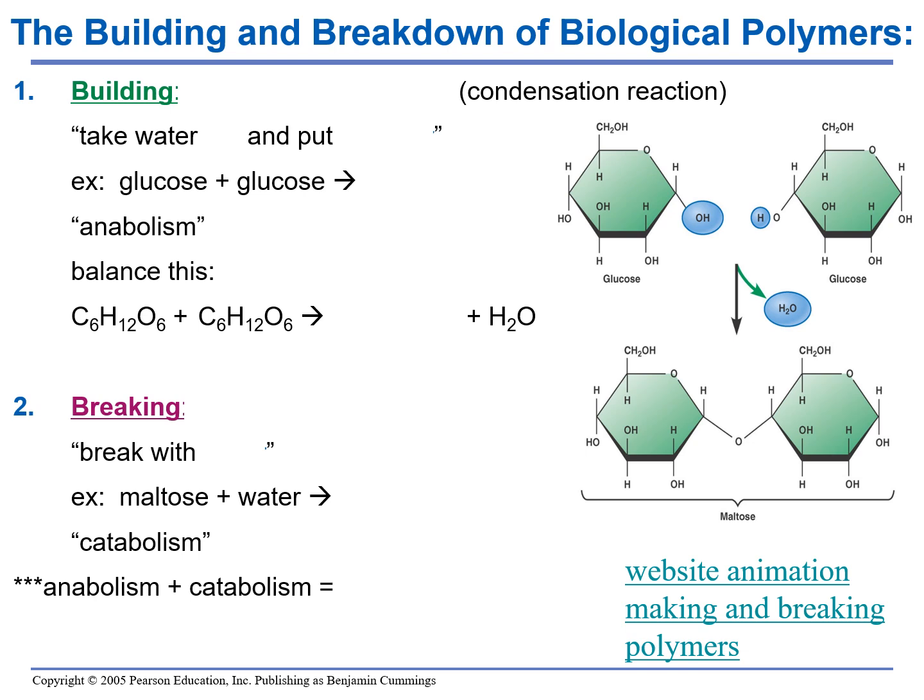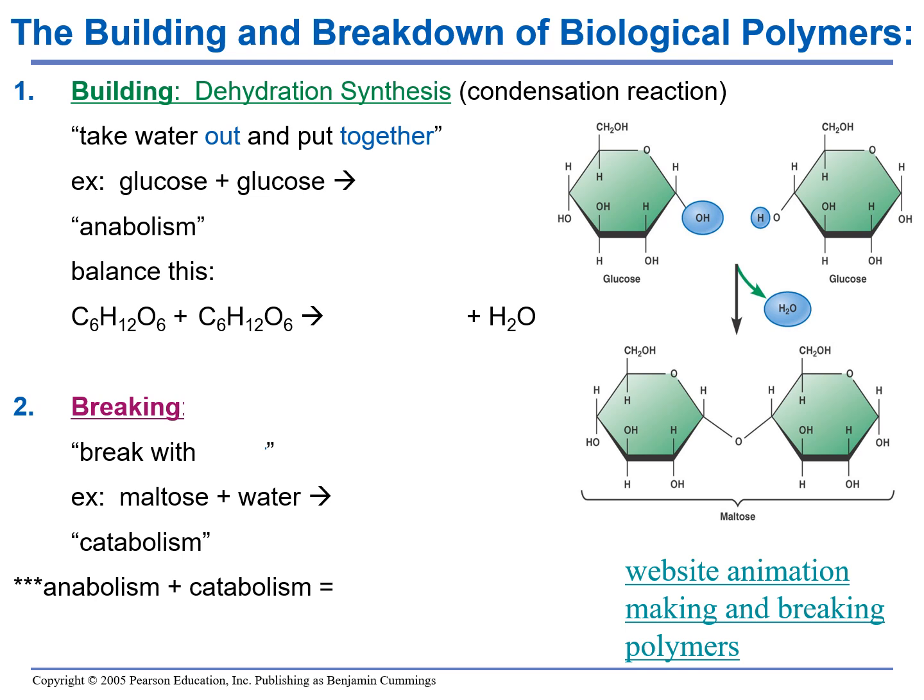So the building and breakdown of biological polymers. The building of a biological polymer is called dehydration synthesis. This is a condensation reaction, meaning that water is taken out. So you take water out and you put together in this process.